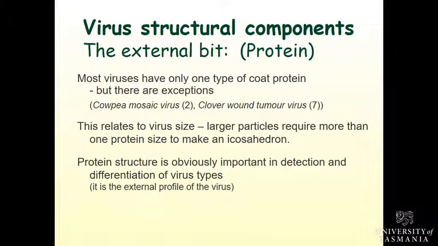This is a particularly big virus, and it needs more proteins because it's an icosahedral structure, and one protein type wouldn't actually make the ball. To physically make the ball, you need 2 different, or in this case 7 different, protein structures to make the ball shape. But it's a bit overkill. The vast majority just use one.